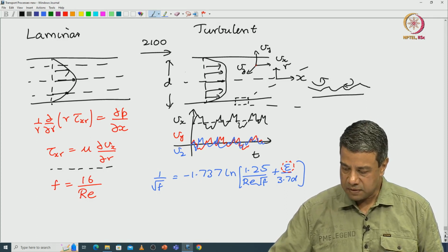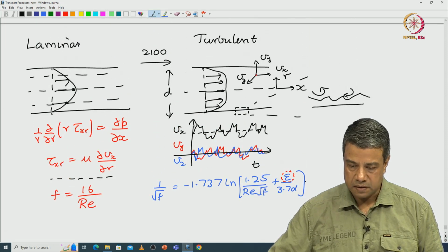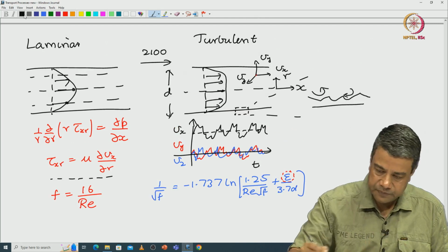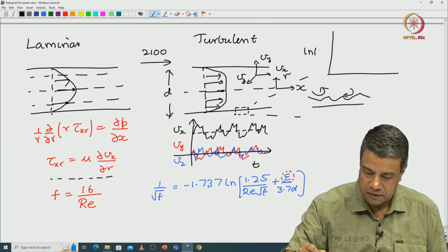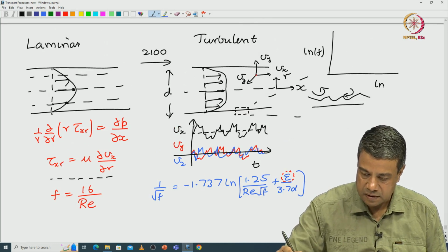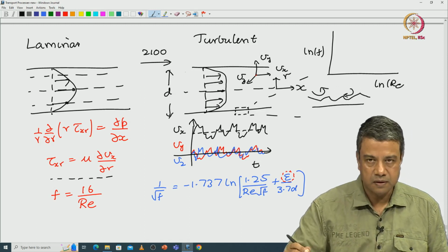And you also have other ways of calculating the friction factor. There is the Moody diagram, which basically plots log f versus the natural logarithm of Re, on a log-log graph.